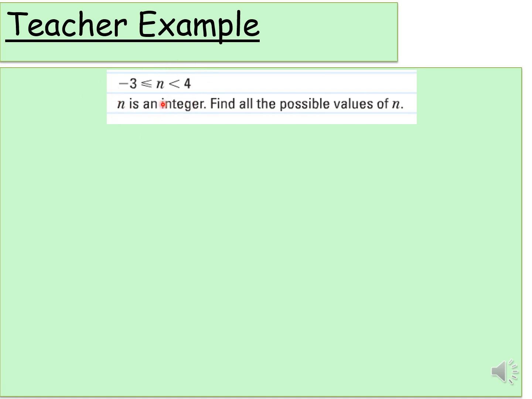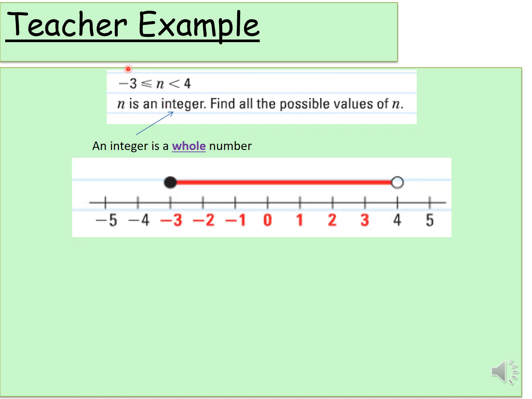So we know n could be greater than or equal to minus 3. And then n is less than 4. It can't be equal to 4. So all the possible values are minus 3, because it can be equal to minus 3, minus 2, minus 1, 0, 1, 2, 3, but not 4.